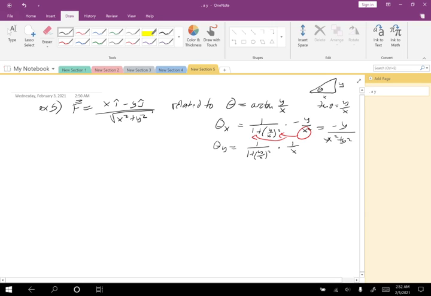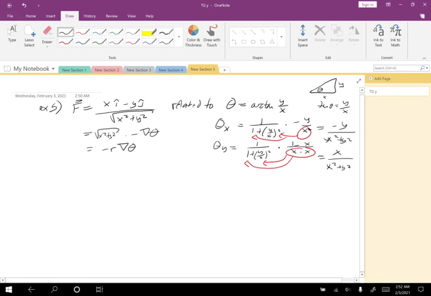And if you distribute this x squared inside similarly, and I'm going to put an x on top and an x on the bottom, then we get something very similar. We get x divided by that squared. So really, F is the square root of x squared plus y squared times minus gradient theta.